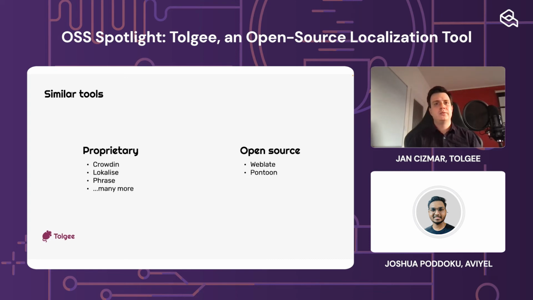Even Weblate or Pontoon are not targeting in-context localization. They are open source, but they are not targeting it. They're cool tools. They are open source, and they are acceptable. They are working with a lot of formats. At least Weblate. I know that Weblate is a pretty nice tool, working with a lot of formats, but it's not reshaping the localization process as much as Tolgee.